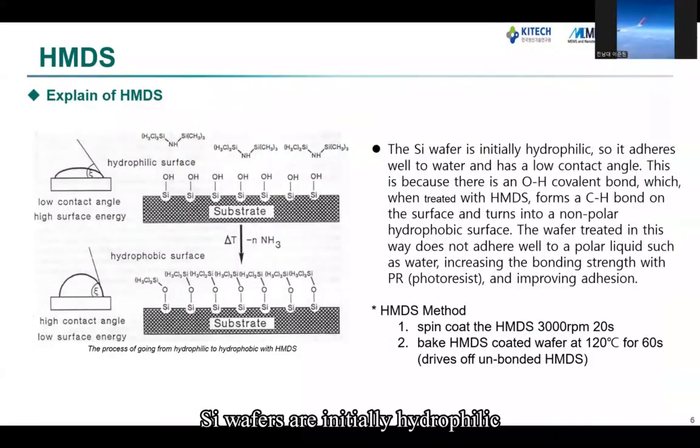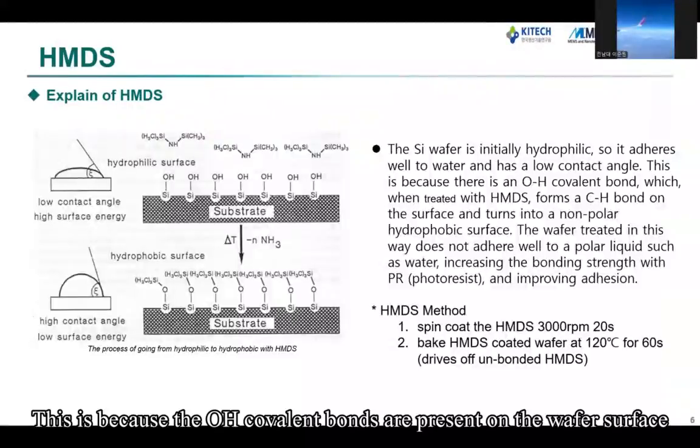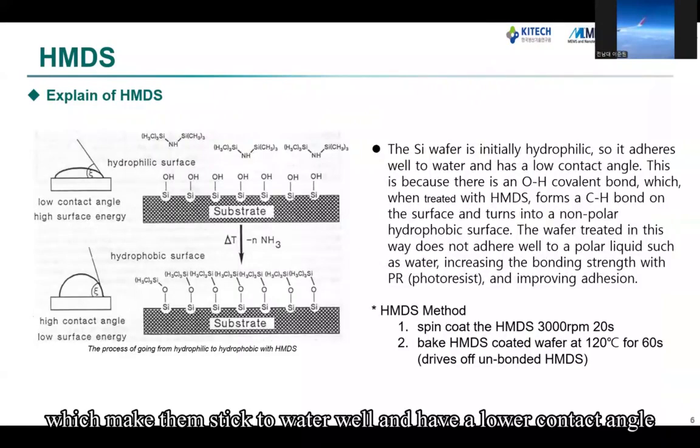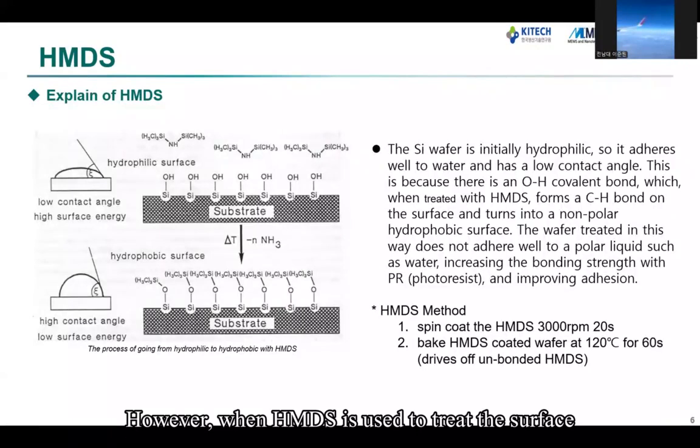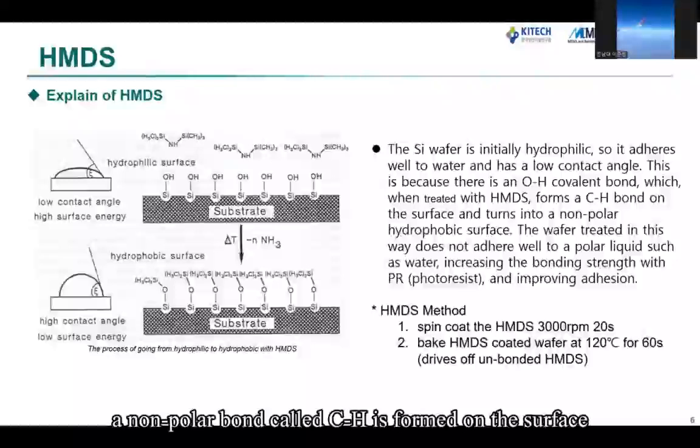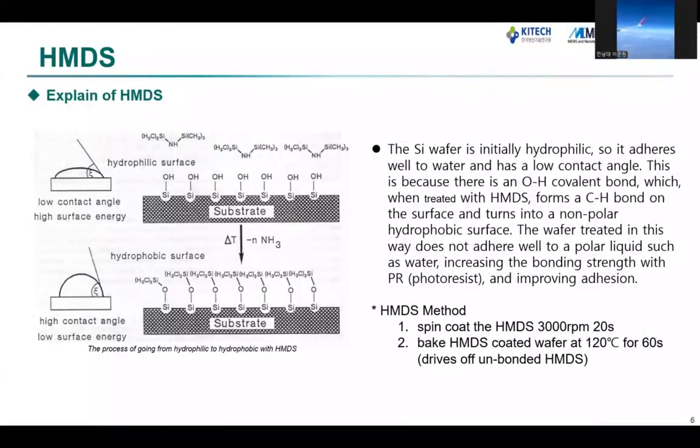Silicon wafers are initially hydrophilic. This is because the OH bonds are present on the wafer surface, which make them stick to water well and have a lower contact angle. However, when HMDS is used to treat the surface, a non-polar bond called CH is formed on the surface, which makes the wafer surface hydrophobic.